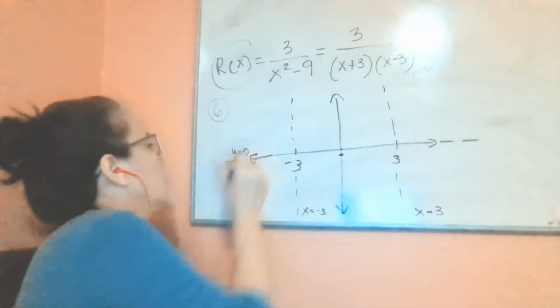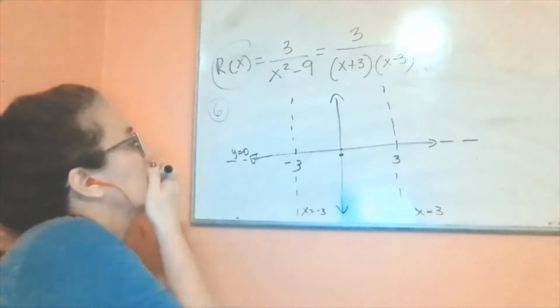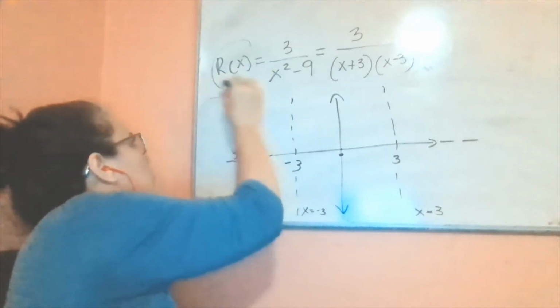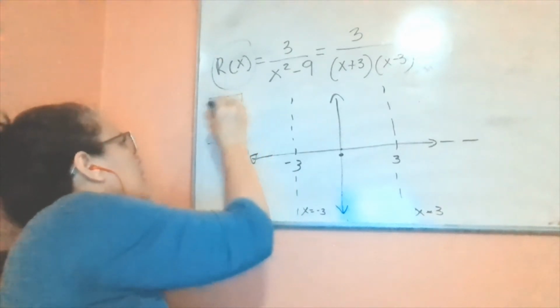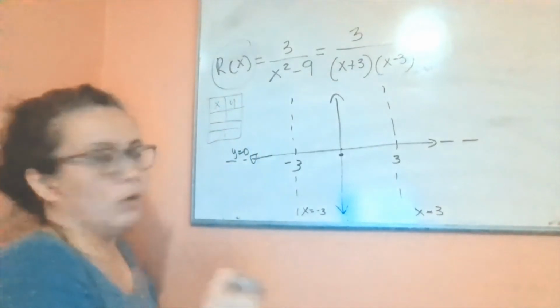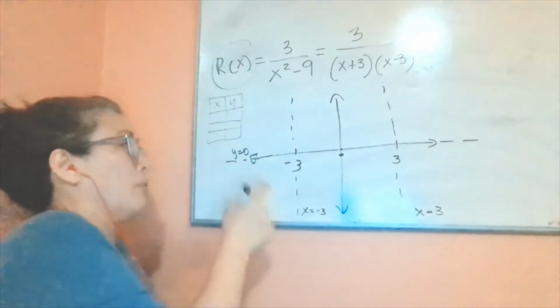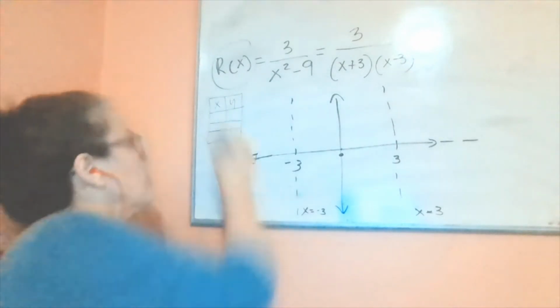Let's begin. I'm going to use only 3 values because I just want to have an idea of how it's going to look, okay? It doesn't have to be the whole graph. So I'm going to work with a point really close to the asymptote. I'm going to work with negative 3.5.